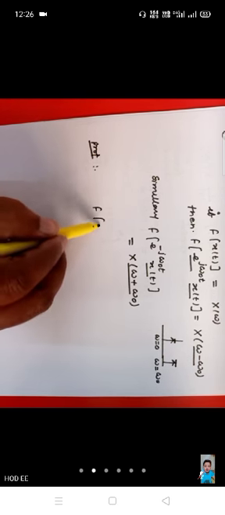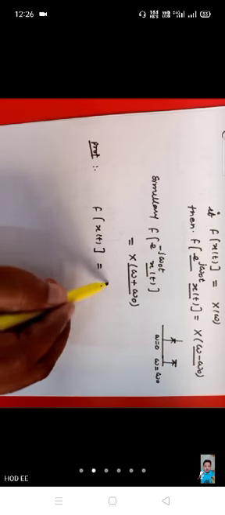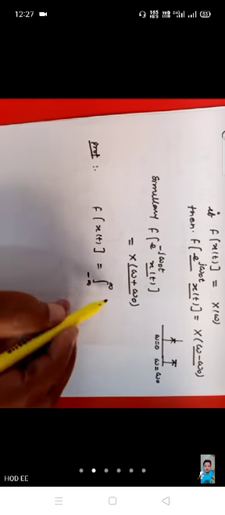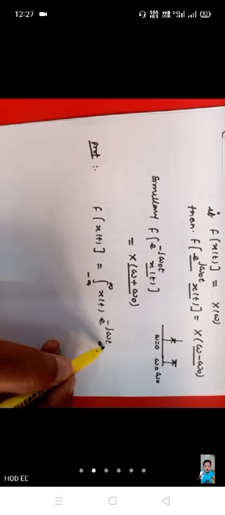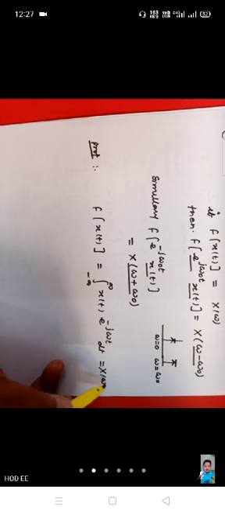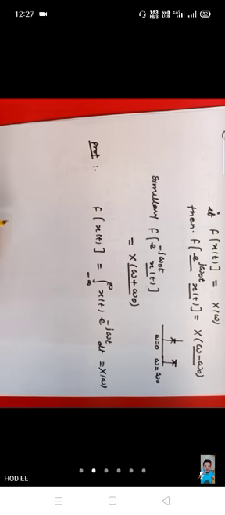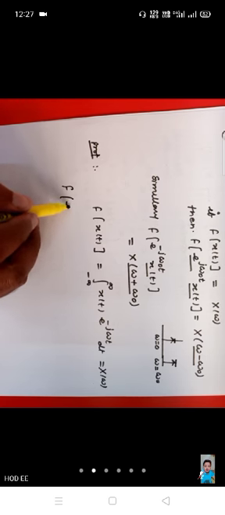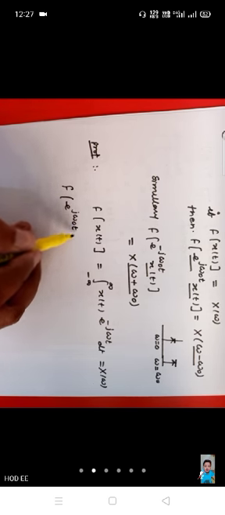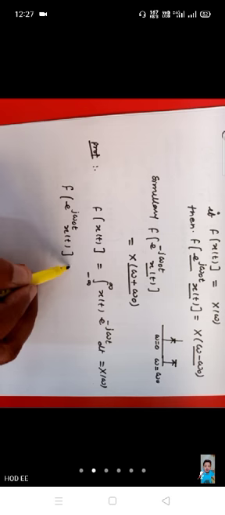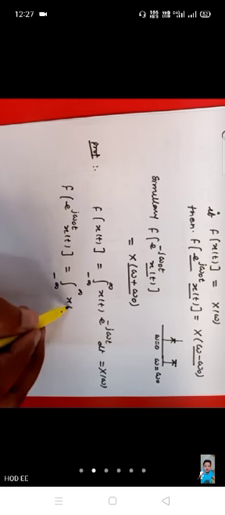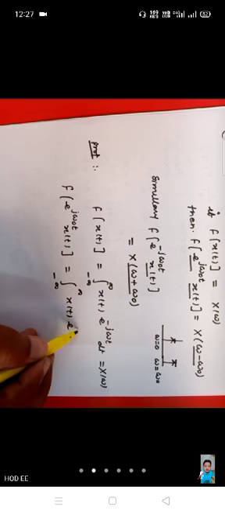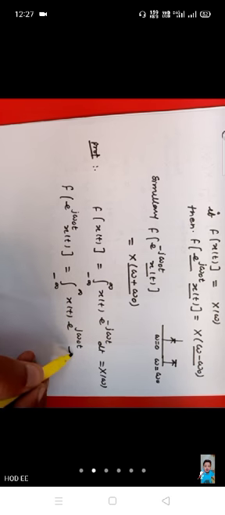Fourier transform of x of t is equal to the integral from minus infinity to plus infinity of x(t) e raised to the power minus j omega t dt. This is X(omega). Now we have to determine the Fourier transform of e raised to the power j omega naught t x(t), which is equal to the integral from minus infinity to plus infinity of x(t) e raised to the power j omega naught t e raised to the power minus j omega t dt.